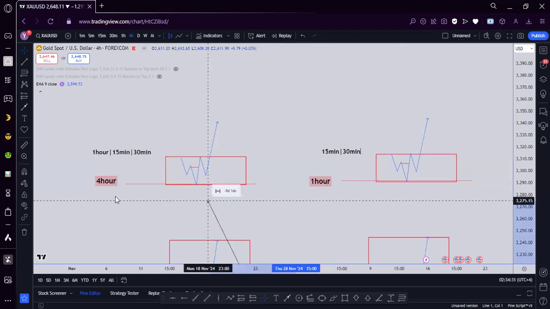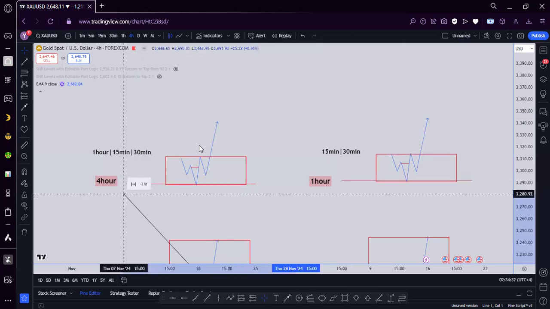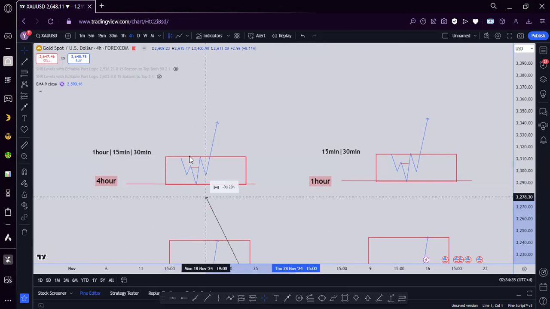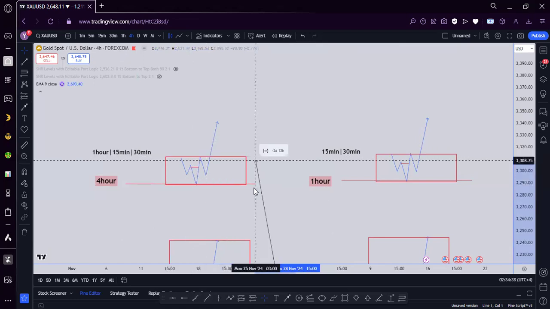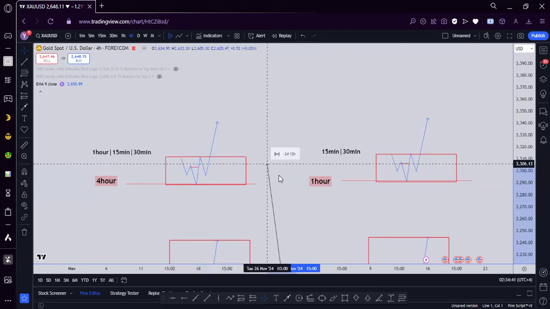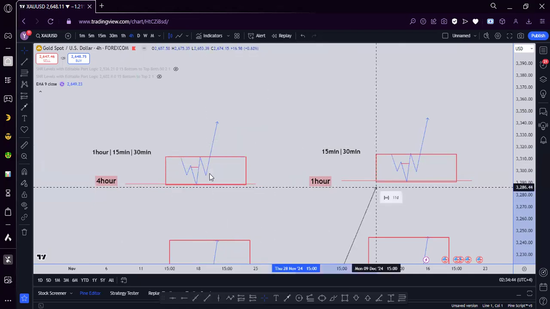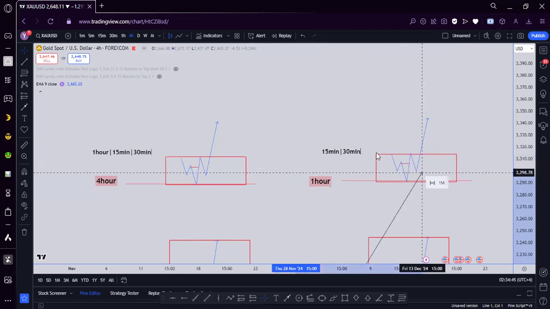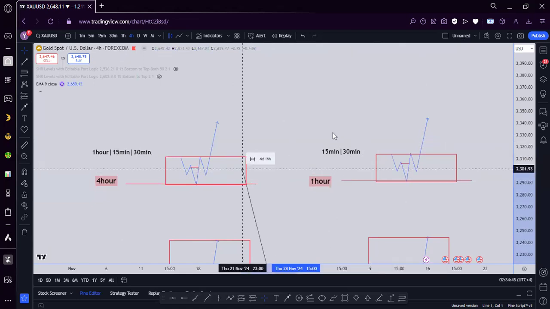For the 4-hour level, that means fewer setups, but high quality, highly rated setups. That is the difference between them.